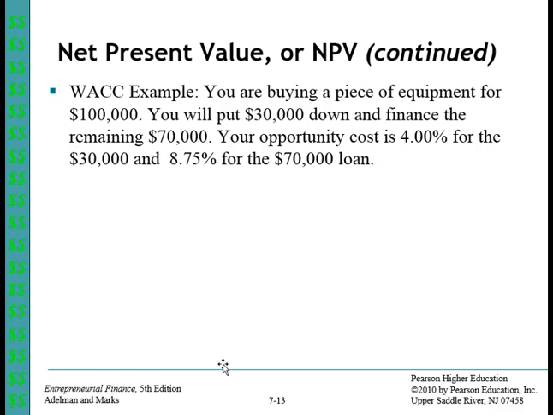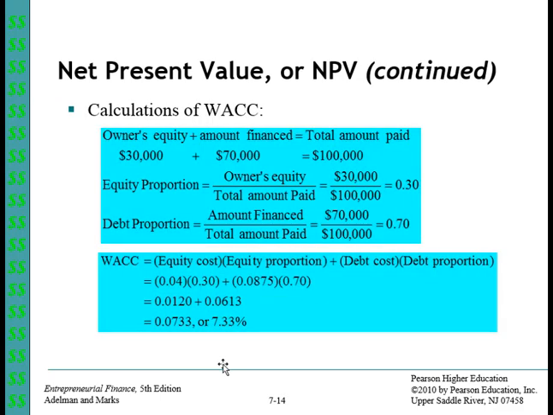So your opportunity cost for the $30,000 is 4%, and the cost of the loan is 8.75%. So we now know what it costs to use my own money, and what it costs to borrow the money. So in this case, we know the cost is $100,000.